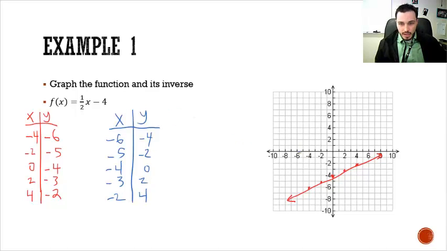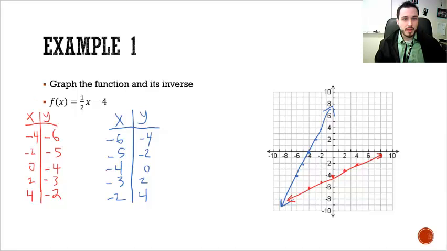So here we go. -6, -4, -5, -2, -4, 0, -3, 2, and -2, 4. Which will look like this. And lo and behold, I've graphed the inverse.